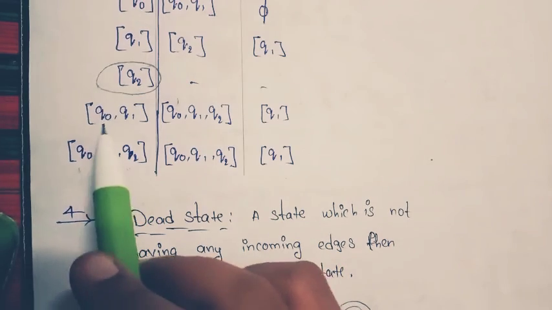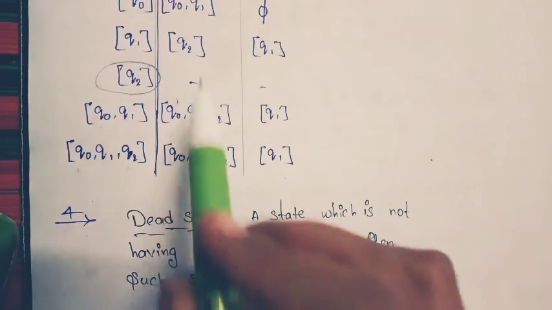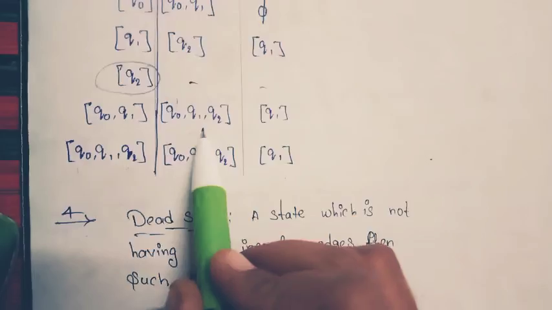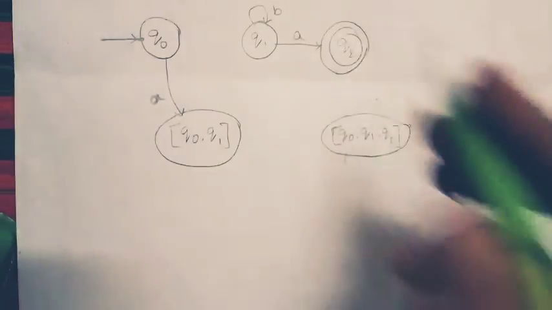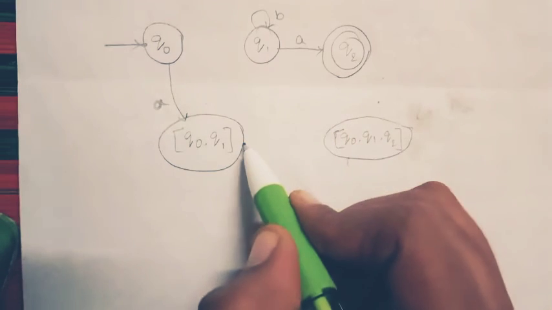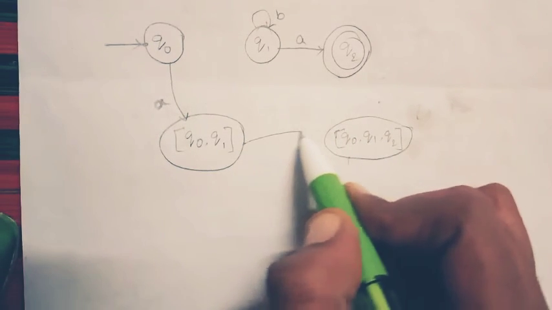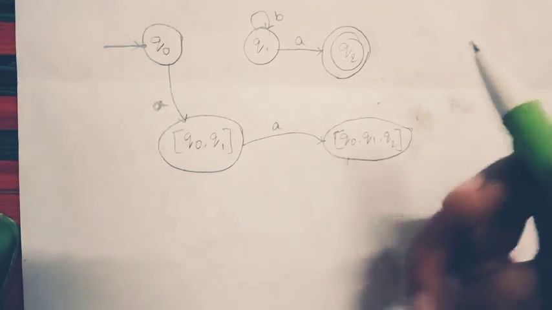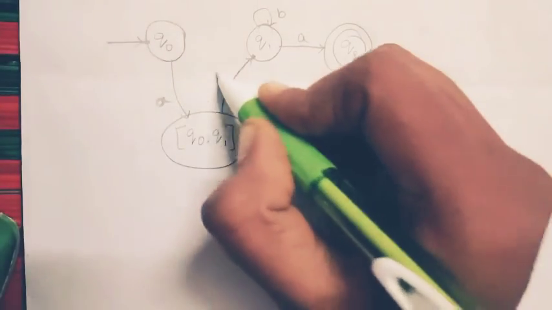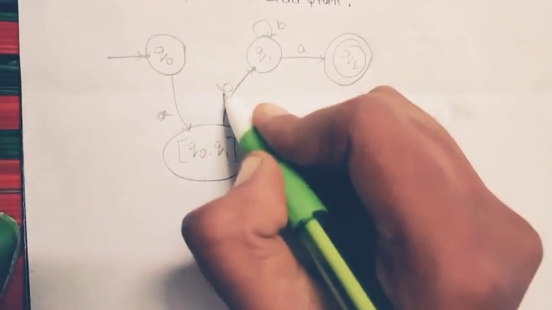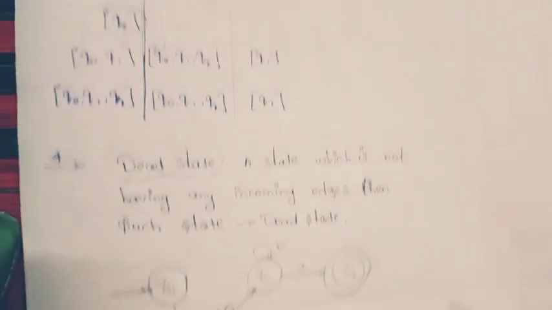Let's move to Q0 comma Q1. It has A for Q0, Q1, Q2 and B for Q1. That means A from this state and then B for Q1, that is to Q1.